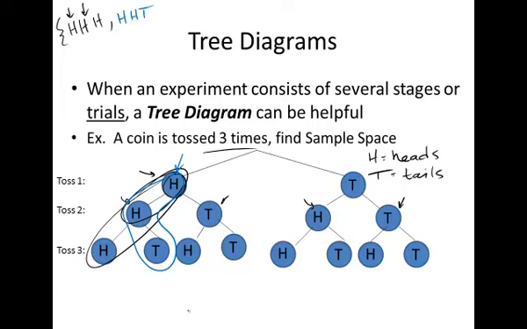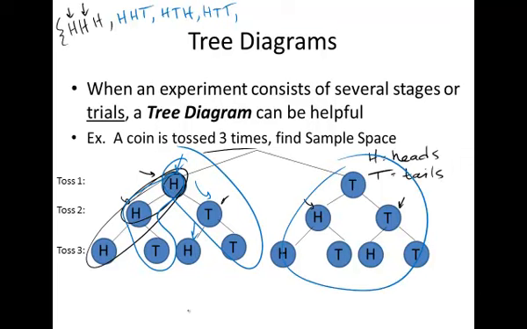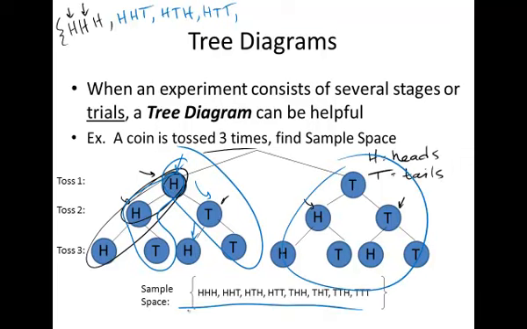Heads, tails, heads, HTH. Heads, tails, tails, HTT. That's that, right? And then all the other 4 from this side, right? So that's what the sample space would look like.